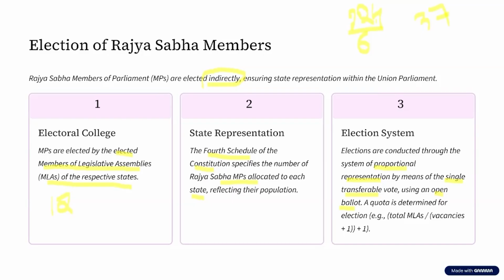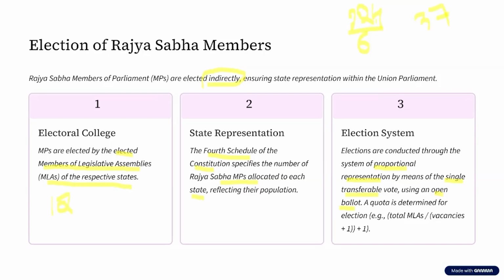Rather, it has to be based on an open ballot according to the party's directives. Hence, in the year 2001, the Atal Bihari Vajpayee government acted on this suggestion. And from the year 2003 onwards, the Rajya Sabha election has been conducted through the open ballot. So this is how the Rajya Sabha election works.